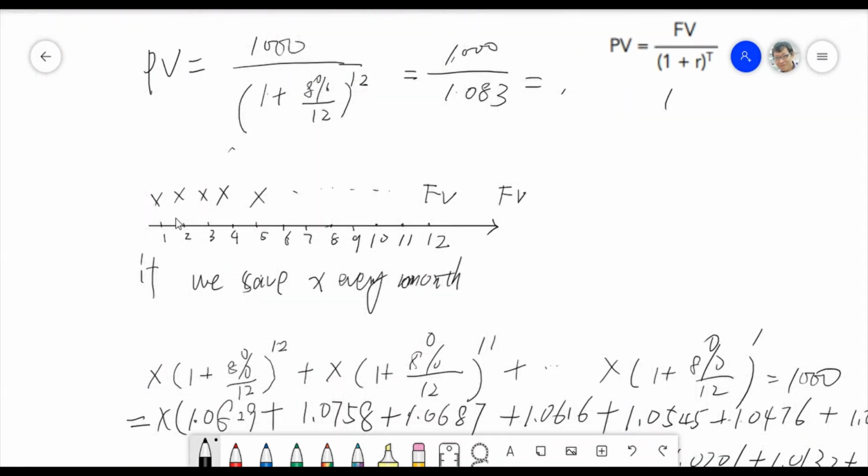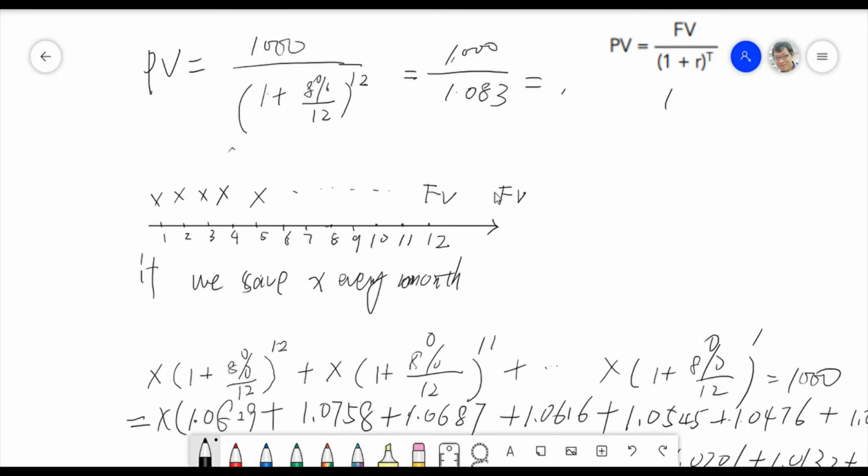They have 12 savings in total, and the future value is 1,000. Although every month you save the same amount, each has a different future value when it matures. When I say mature, I mean after the 12 months from the first payment, it reaches the time that you calculate the future value.